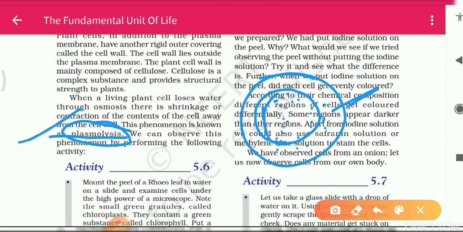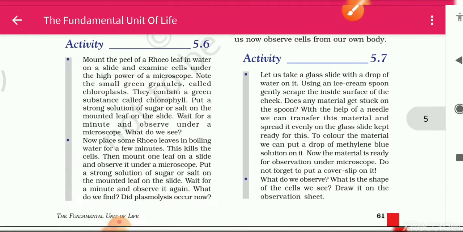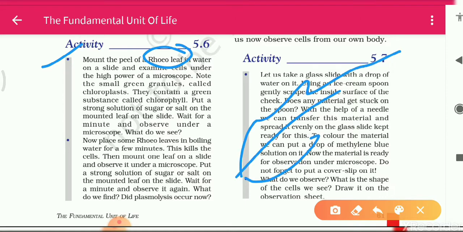So you can better understand this with the help of Activity 5.6. In 5.6, they want to say: mount the peel of a Rhoeo leaf. Rhoeo is a kind of leaf in which two shades of color are present. On the front side it is green in color, and the back of this leaf is purple.